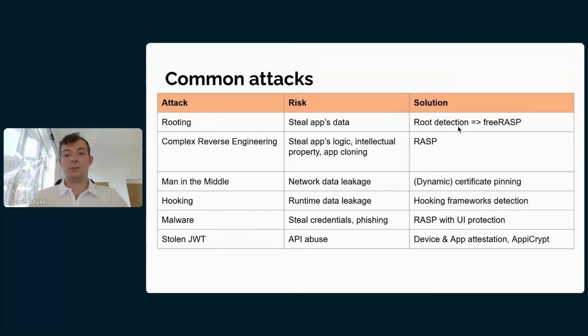There are multiple options, but I will of course recommend our own because that's the one I worked on, and I think it is a leading library in root detection. So definitely check that one.